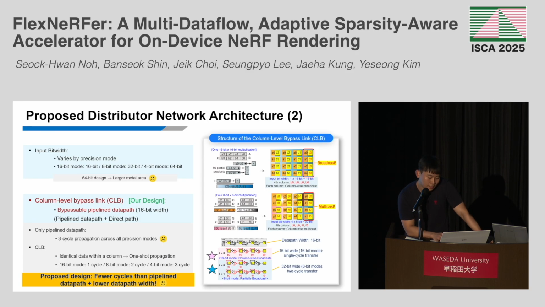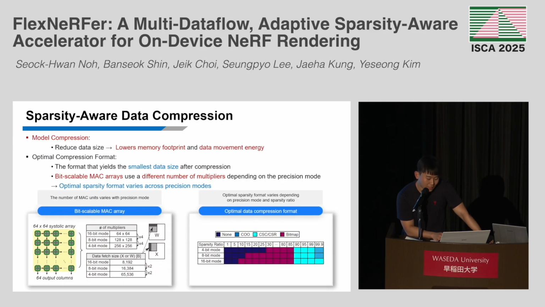Now, let's take a look at another feature we explored in FlexNeRFer, which is the use of sparsity formats. This means compressing data by keeping only non-zero values and their positions.